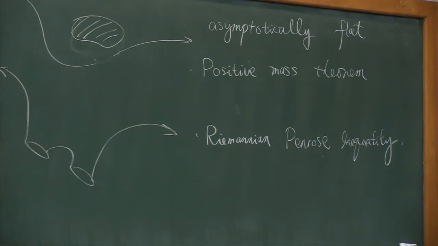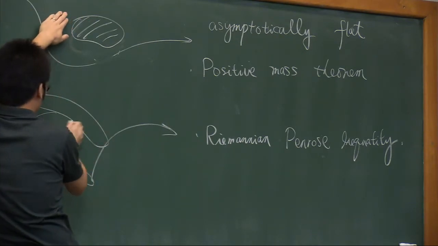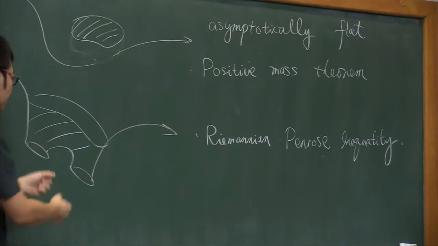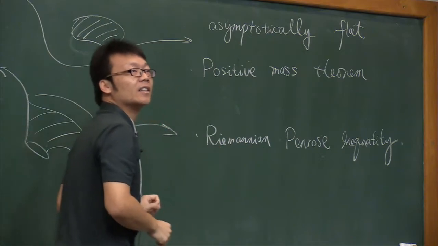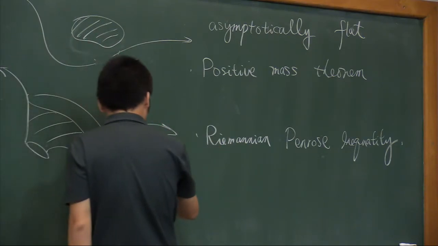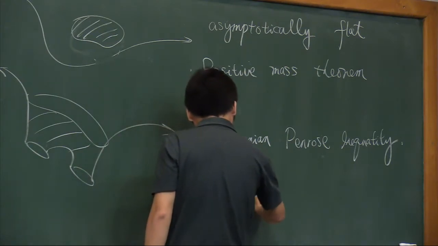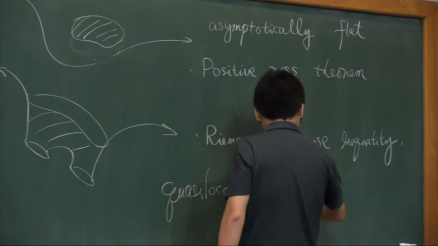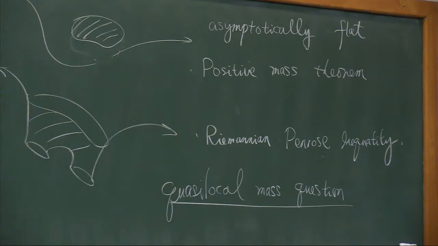Now, from a physical point of view, one would like to understand, if you just focus on part of the region of such a manifold, what would be the contribution of such a finite piece to the total mass of the manifold? And that's related to the so-called quasi-local mass question. So that's the motivation for the problem that I'm going to talk about.